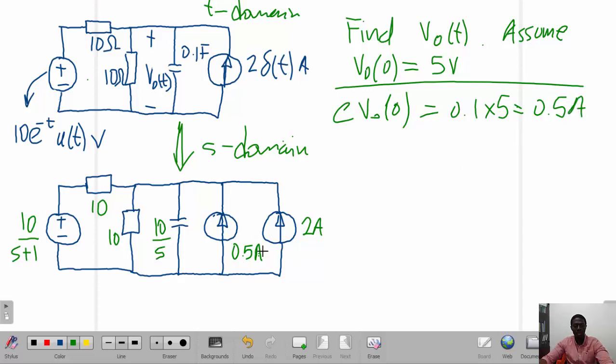Okay, and this is the 0.5 amps that we get here. And then we come to the current source value here, which is simply 2 amps. So we get our 2 amps like so.